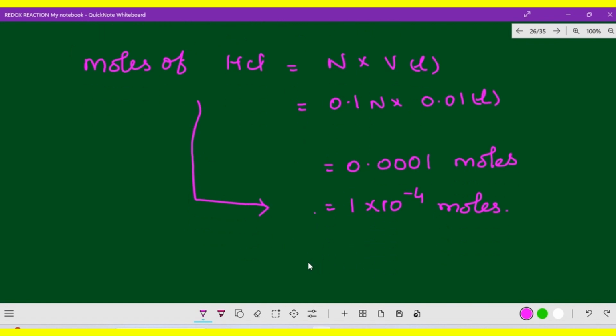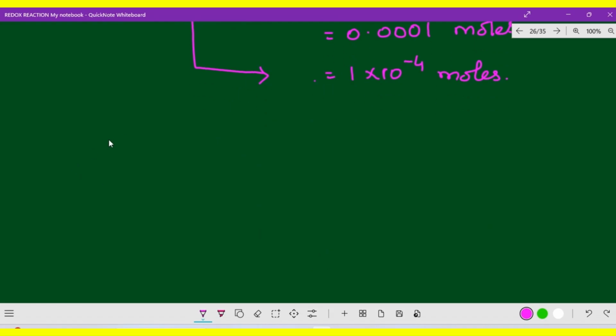Now we are going to find the moles of Na2CO3. In the balanced equation, 1 mole of HCl is equal to 1 mole of Na2CO3.